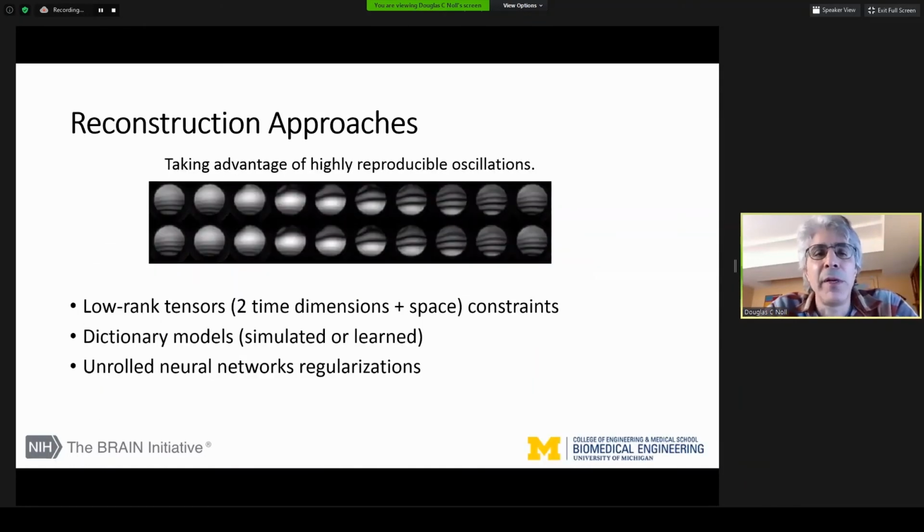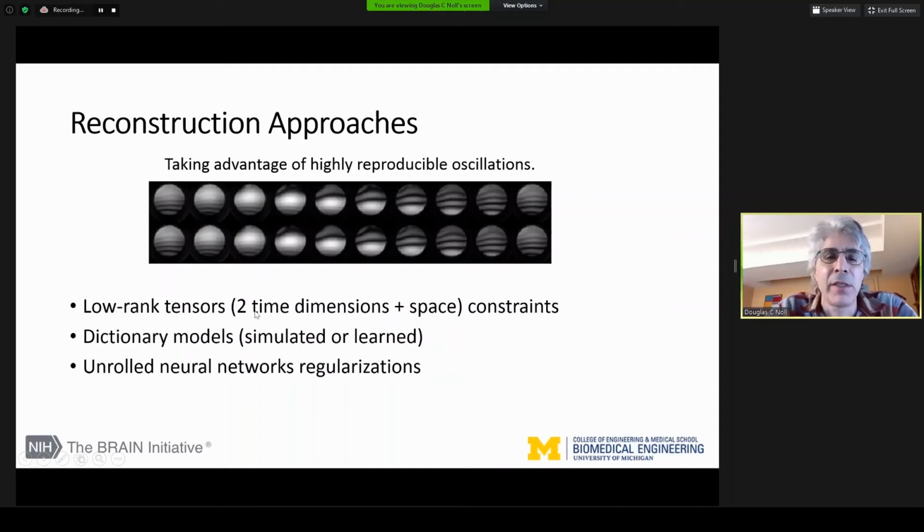In terms of the image reconstruction, what we really are trying to do is take advantage of the reproducible nature of the oscillation. As you can see from these 2 lines, it's very reproducible from run to run. And that means we might be able to take advantage of some sort of structure within the data. One of the things we've been looking at is low-rank tensors.